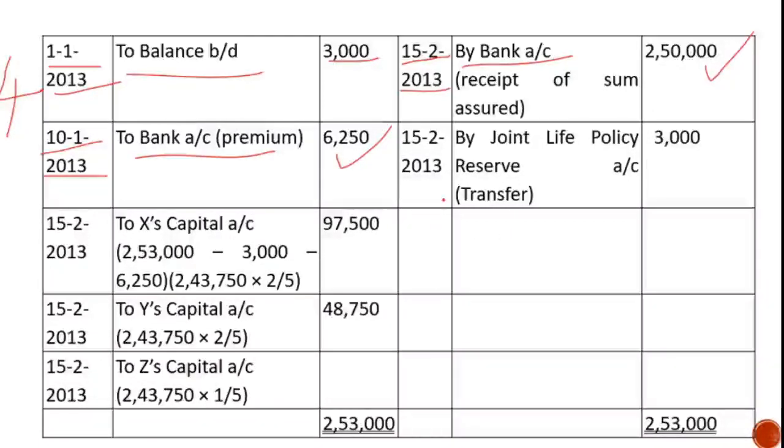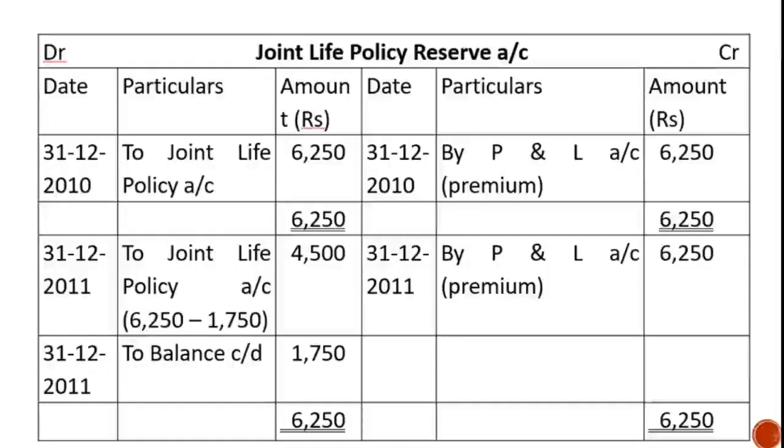Now we go to the preparation of the joint life policy reserve account. Then we are going to come back to record the remaining entries in the joint life policy account. So first, for the meantime, we will prepare the joint life policy reserve account.